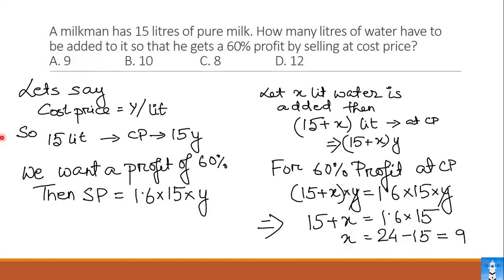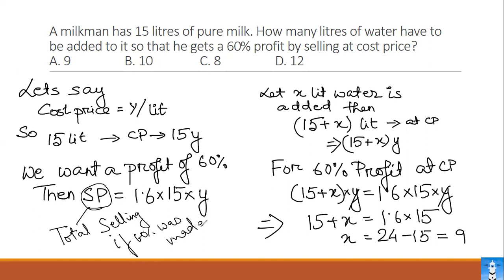Here in my presentation, I have written this as SP. The selling price means, over here, the total selling price if 60% profit was made.